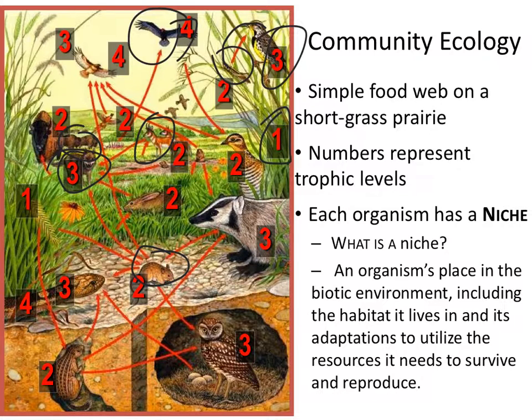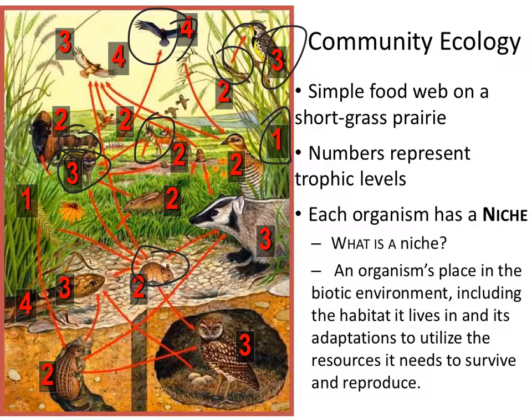And so community ecology is the structure of a place where all the organisms that live in it, including the plants, the animals, the fungi, the bacteria that break things down, all those kinds of things are part of the community ecology of some place.